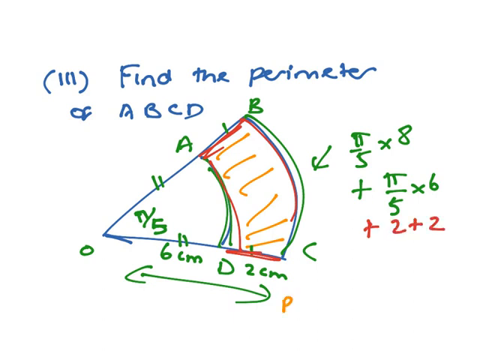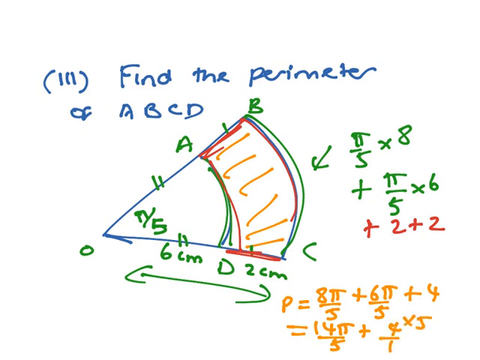So the whole perimeter would be 8 pi on 5 plus 6 pi on 5 plus 4, which is 14 pi on 5 plus 4 on 1. So if I times that by 5, we end up with 14 pi on 5 plus 20. And the whole thing can be over 5 centimetres.